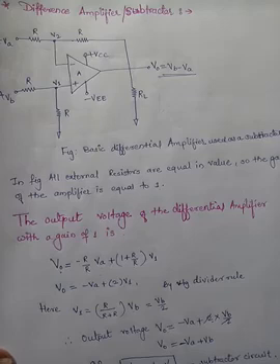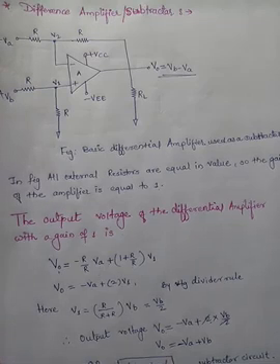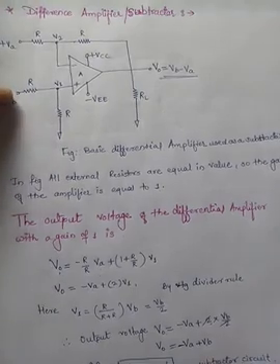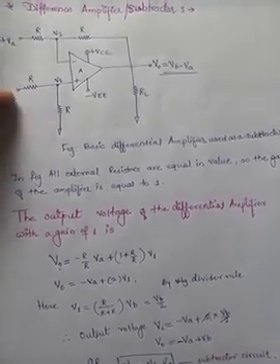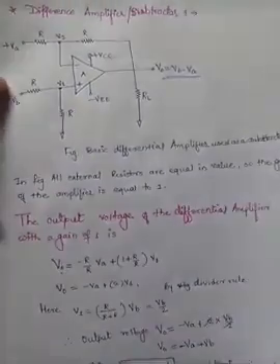Now we can also design the differential amplifier so that it acts as a summing amplifier. That means with the help of the same circuit, we want the output to be the summation of a number of input signals. So let's see the summing amplifier using differential configuration. Already we have seen the summing amplifier with inverting configuration and with non-inverting configuration.